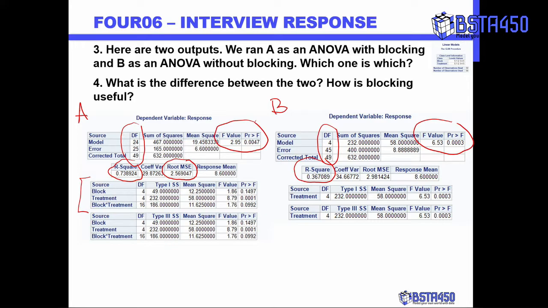But your blocking was not effective, as in it didn't help. As for treatments, your treatment was very significant, meaning that there is a significant difference between the means from one treatment to another, which is usually what you're looking for whenever you're running an experimental design.